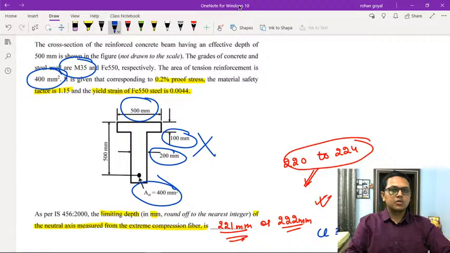All these values are useless or redundant. These values are given only to confuse the student. So do not get confused. Keep your concepts clear, and if your concepts are clear, you know how the limiting depth is found for any given section.